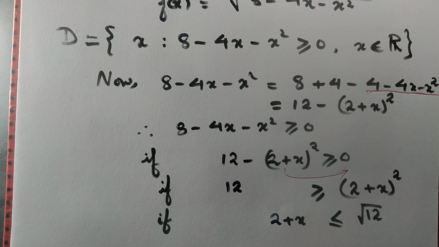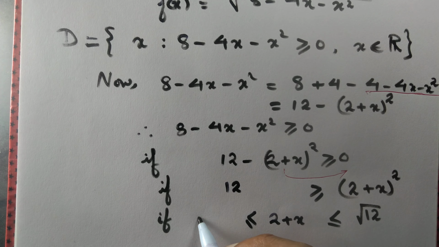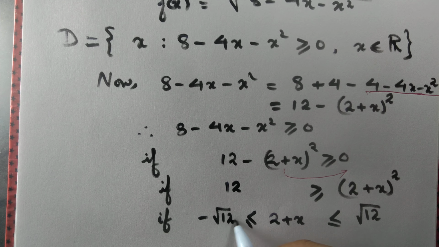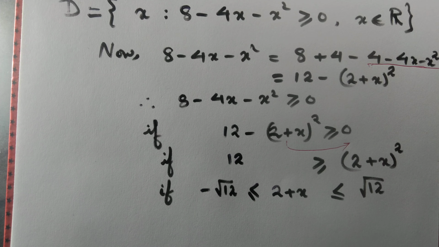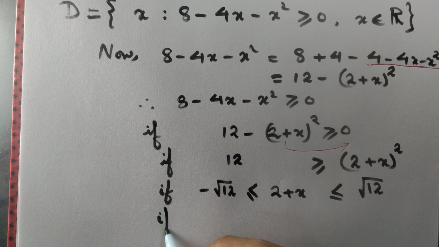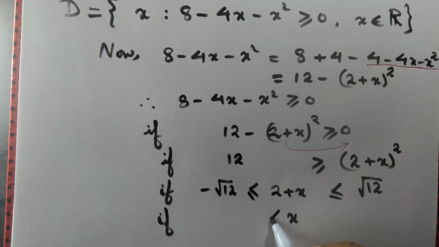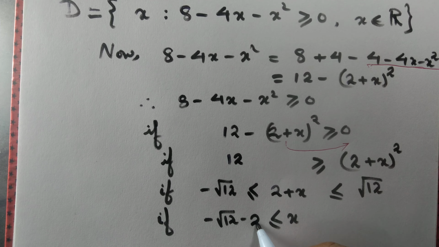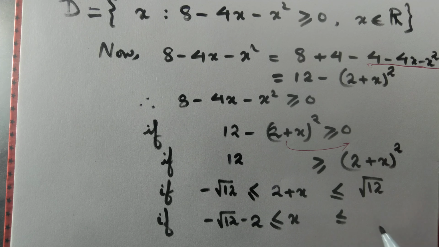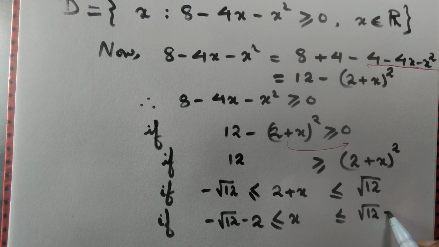If it were negative, then 2 plus x has to be greater than or equal to minus root 12. Let's subtract 2 throughout. So we have x is greater than or equal to minus root 12 minus 2, less than or equal to plus root 12 minus 2.